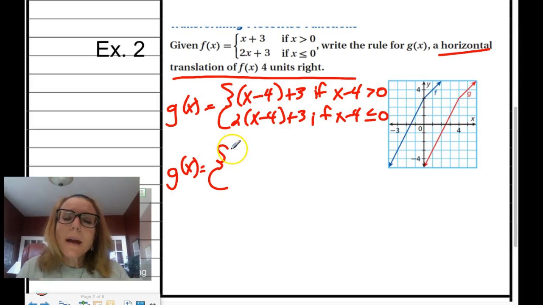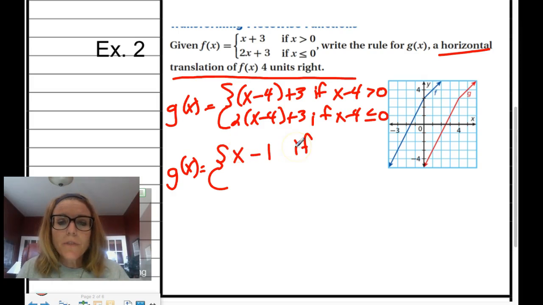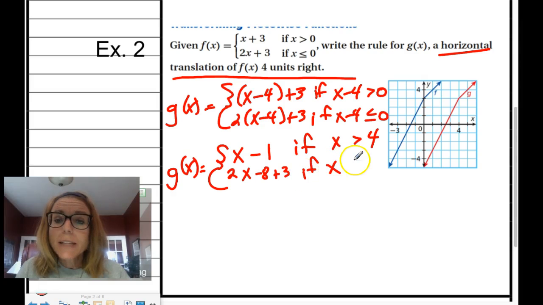So x minus 4 plus 3 is just going to be x minus 1. If we add 4 to both sides, we're going to get x greater than 4. Over here, we're going to distribute that 2, and we're going to get 2x minus 8 plus 3, and if we add 4 to both sides, x is less than or equal to 4.